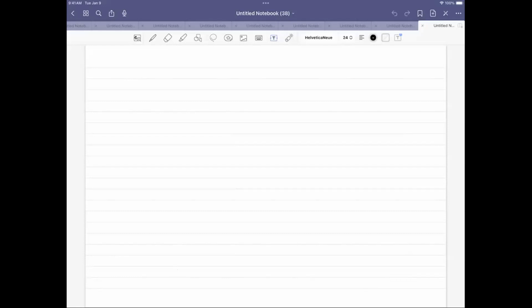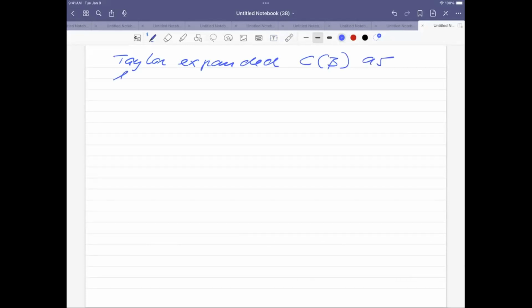So the thing we did last week was actually to take this cost function and make a Taylor expansion. So I'm just going to repeat some of the equations which we did last time. We Taylor expanded the cost function, this C of beta, as a function of a small variation around the optimal value minus beta of n.